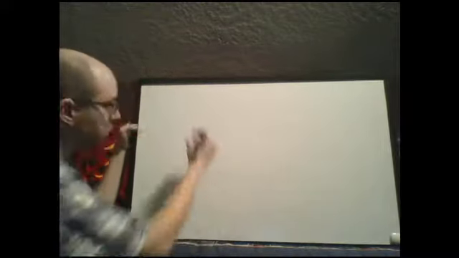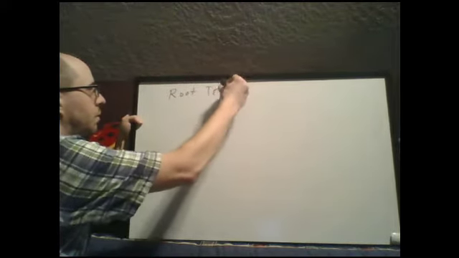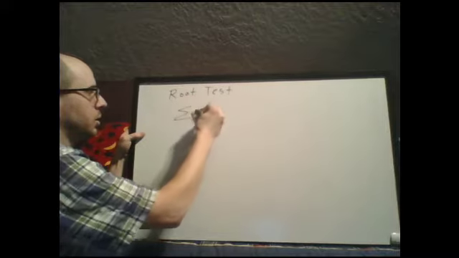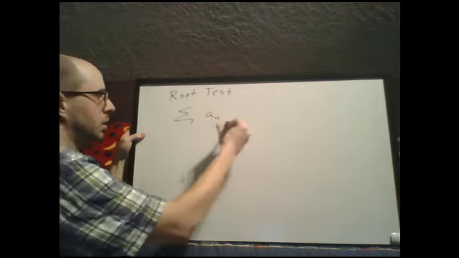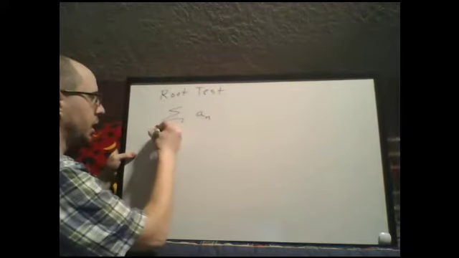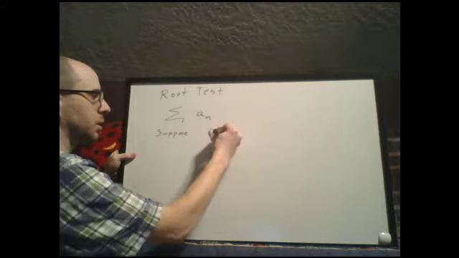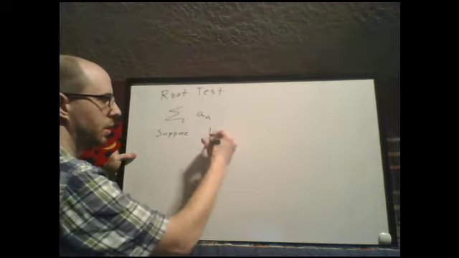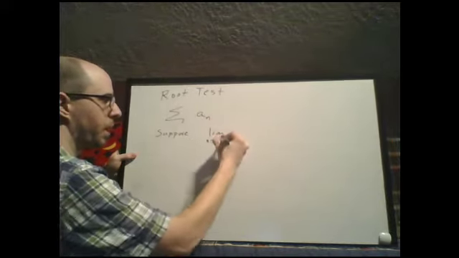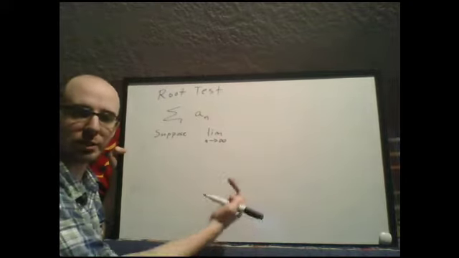So here's the root test. We have a series. Suppose the limit of n approaches infinity. Well, with the ratio test, we looked at the limit of ratios of consecutive terms.